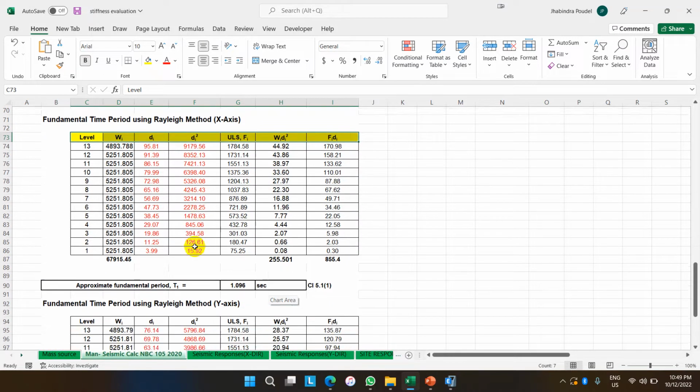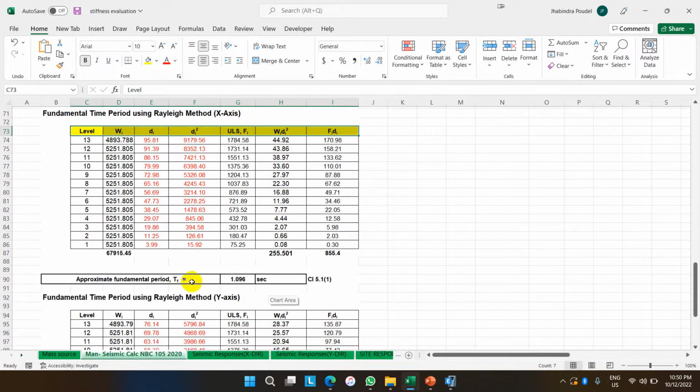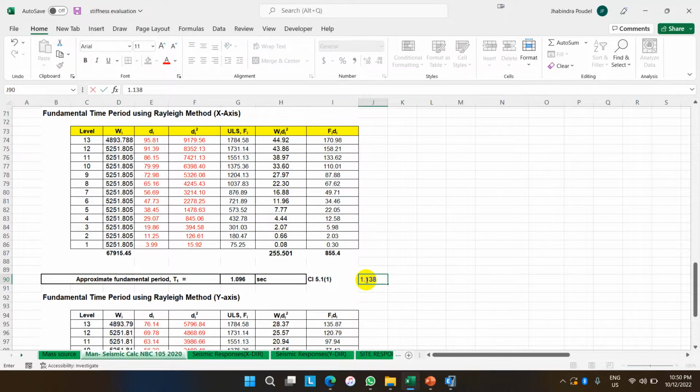For now, let me go to the time period obtained from the Rayleigh method, which is 1.096 seconds, and from ETABS we got 1.138 seconds, so the two values are very close to each other.